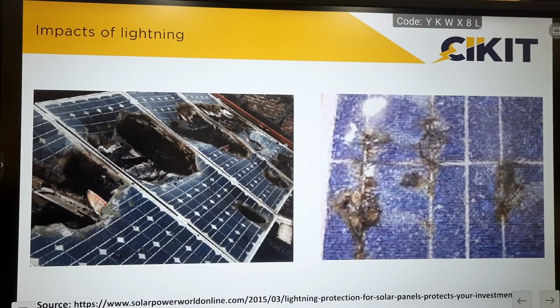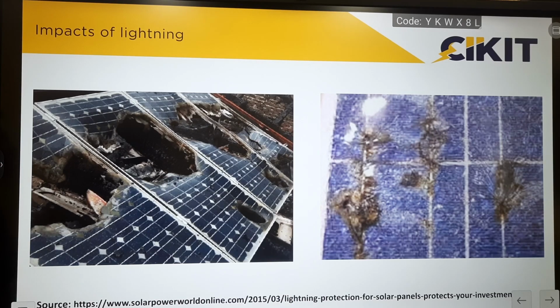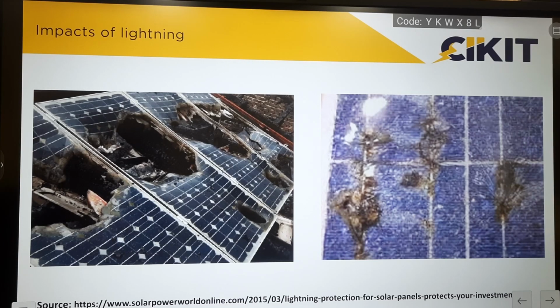In all these cases, the panels will be at the topmost point. So if lightning happens in that area, the first point of contact will be the solar panels. If we do not provide any protection against lightning, the panels will get damaged.